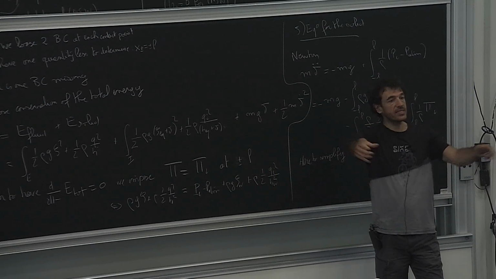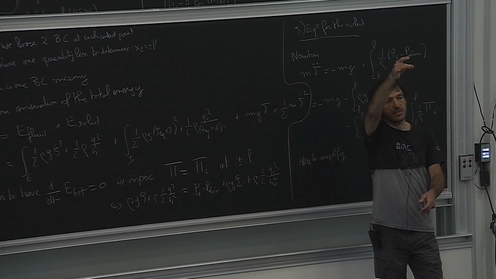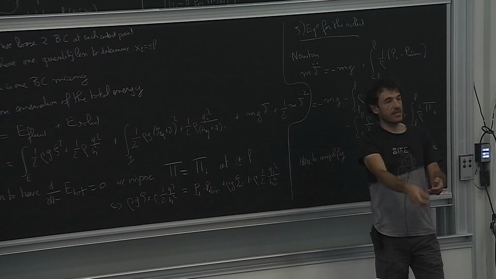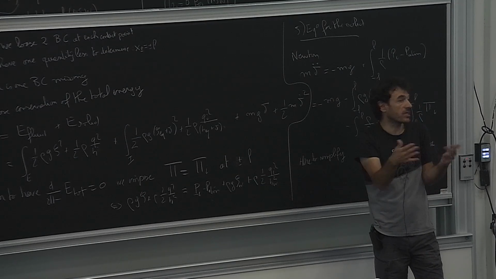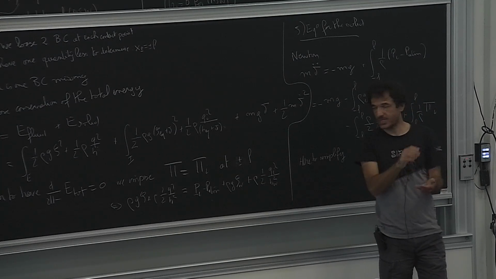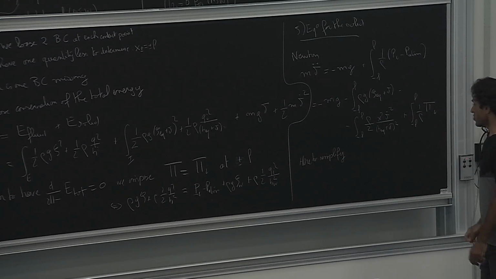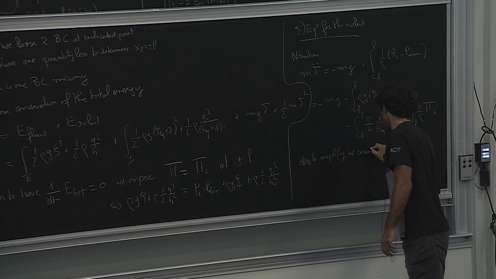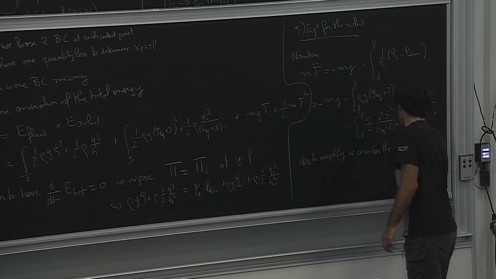You take a fluid at rest, you take an object, and then you drop it. So what do you expect? The object will go in the water, then up, then oscillate like this, and you expect something like a damped oscillator. So to simplify here, we consider the return to equilibrium problem.